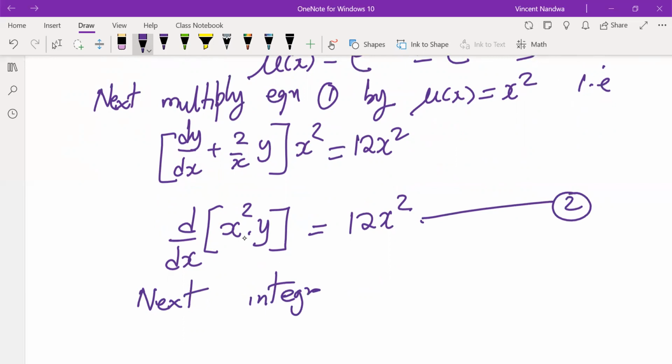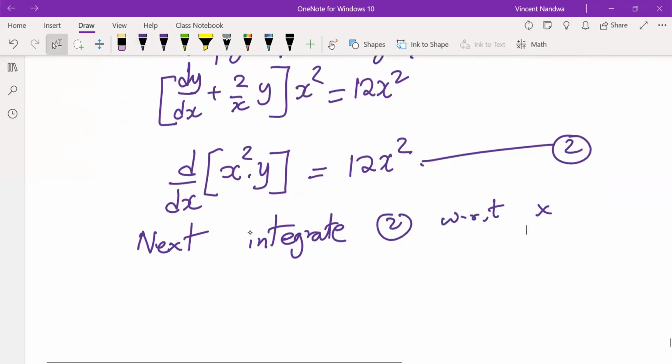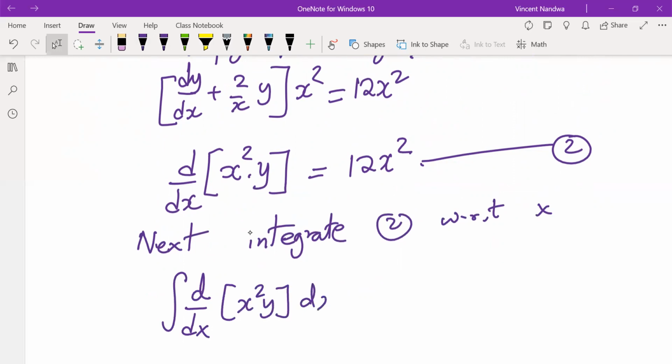Now next, integrate 2 with respect to x. So which means we'll have the integral of d/dx of x squared y dx equals the integral of 12 x squared dx.